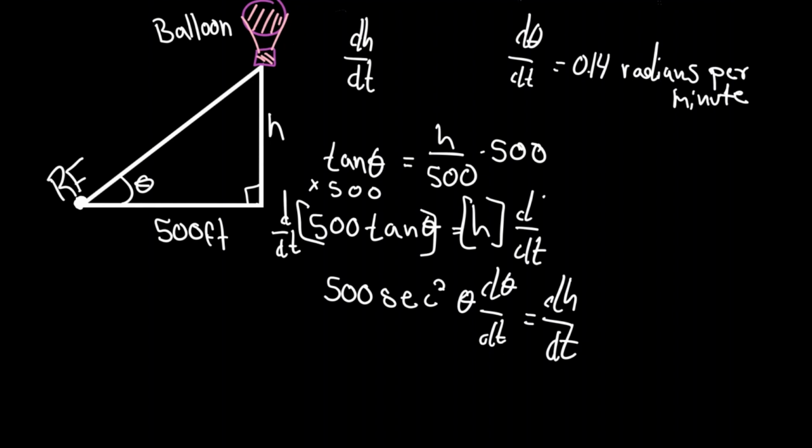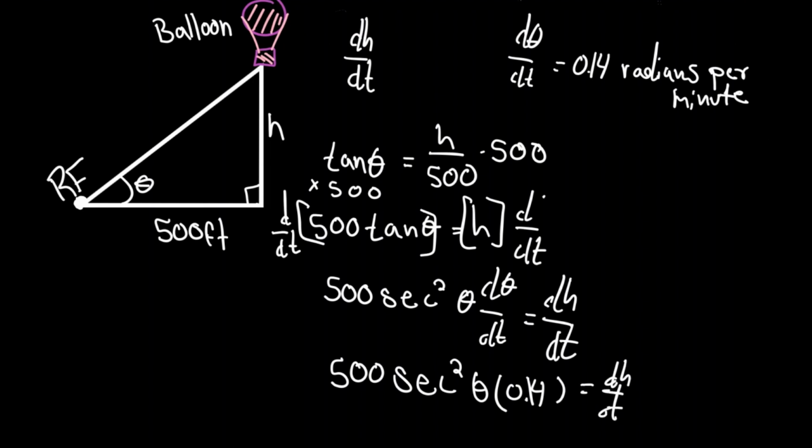So let d theta over dt equal 0.14 radians per minute. We can substitute this for that. So we have 500 secant squared of theta times 0.14 is equal to dh over dt. The question stated at the moment the rangefinder's elevation angle is pi over 4.